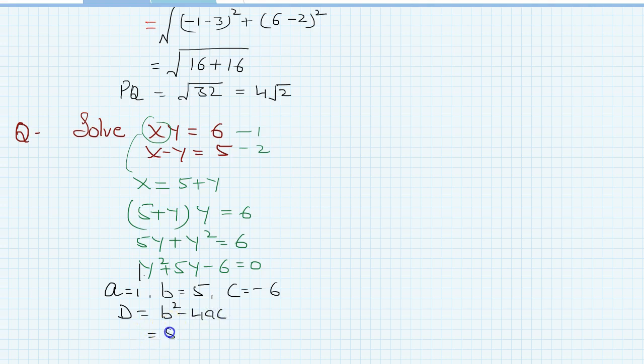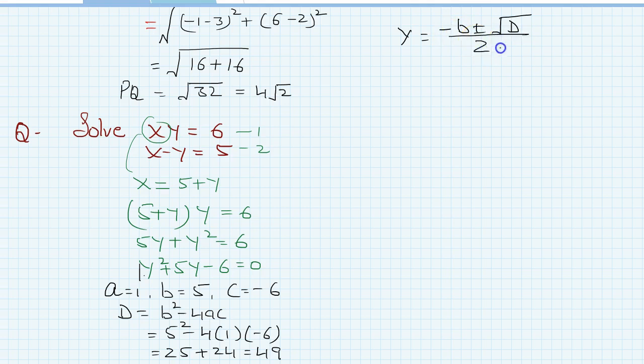So that is 5 square minus 4, a is 1 and c is -6. So that is 25 plus 24 is 49. So let's use the formula, not x, this is y. So y is equal to minus b plus minus root d over 2a.